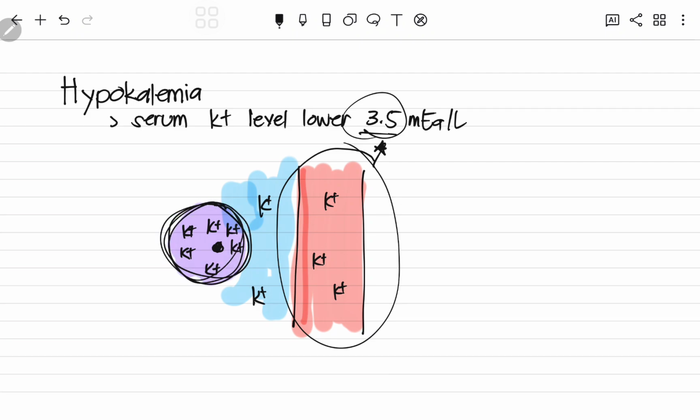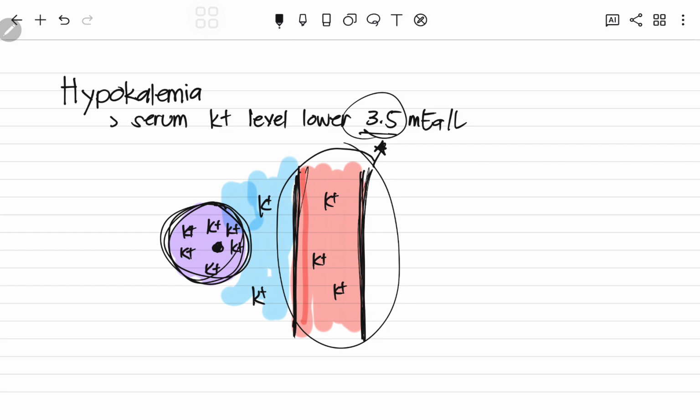So whenever we think of potassium and it is asked whether hypokalemia or hyperkalemia, the reckoning point should be the bloodstream, because hypokalemia and hyperkalemia can be assessed through the extraction of serum or the blood itself, which is coming out from your intravascular space.